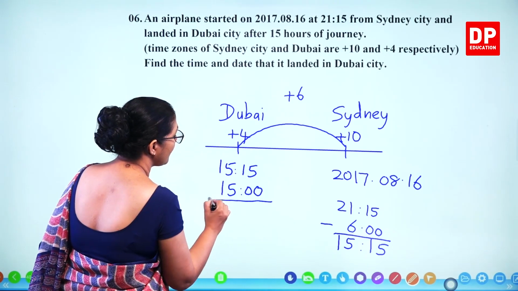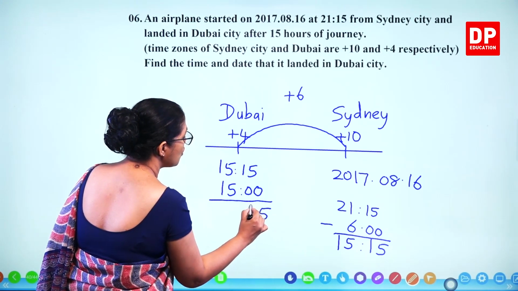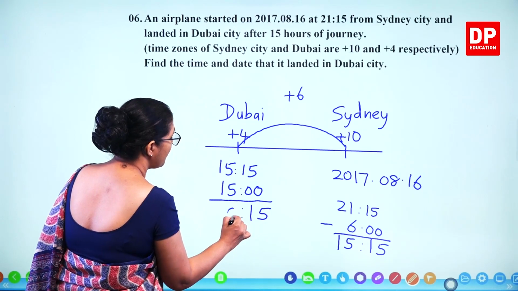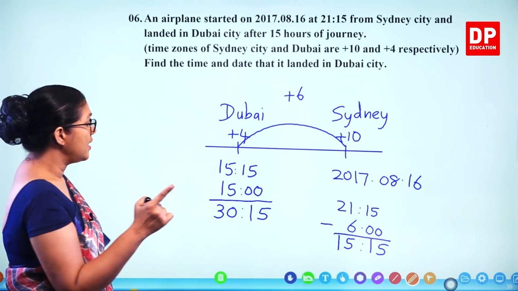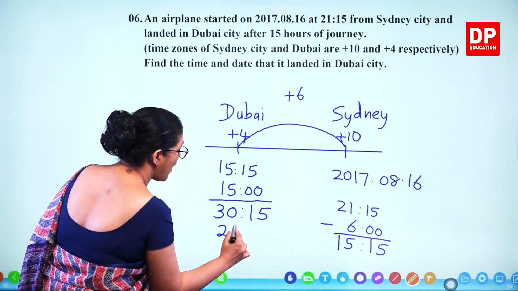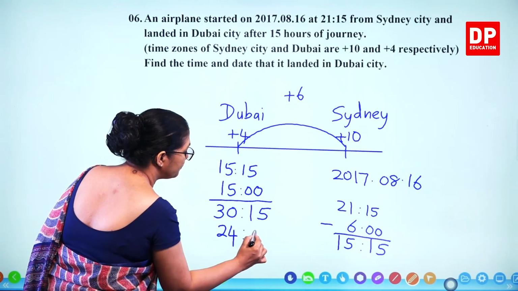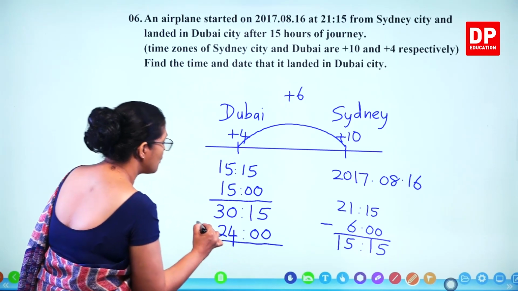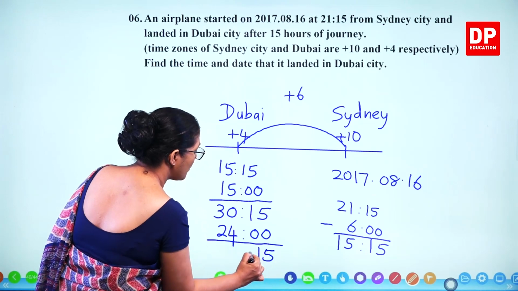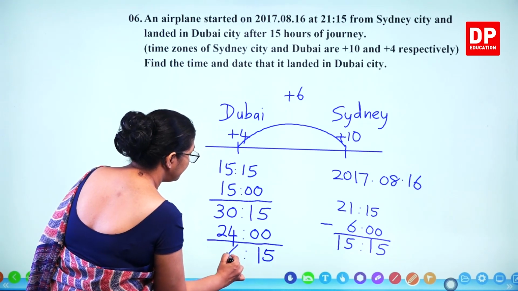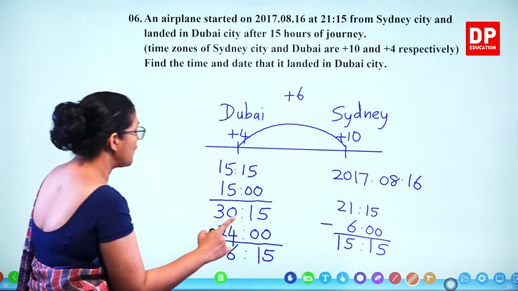When you're adding 15, what do you get? 30:15. So you can't write 30. You have to subtract 24 to get the standard time. So you get 6:15.